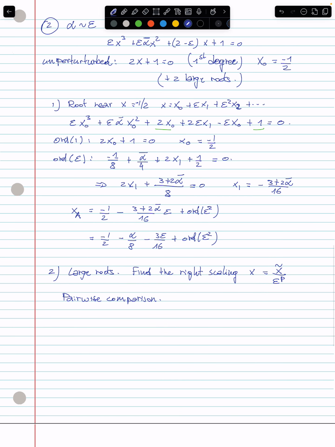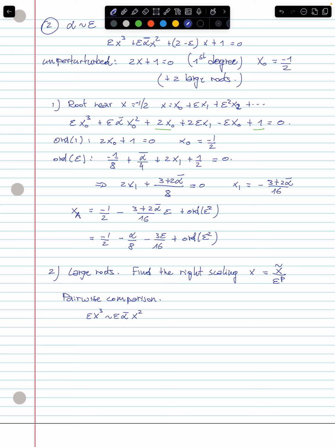In the governing equation, I need to compare the different terms 2 by 2. Let's try again with the first 2 terms. Why not? It would say epsilon x to the third is of the same order as epsilon alpha bar x squared.